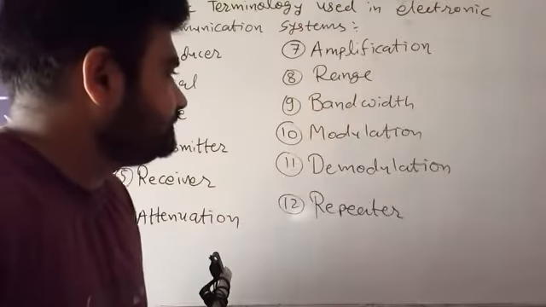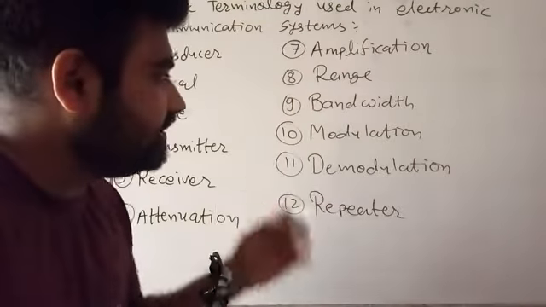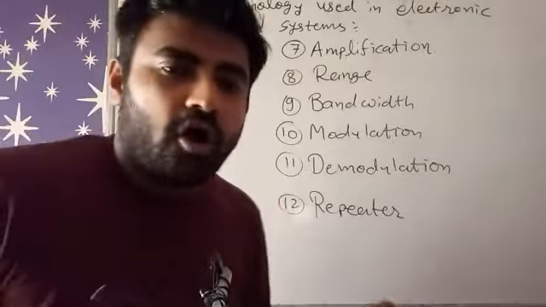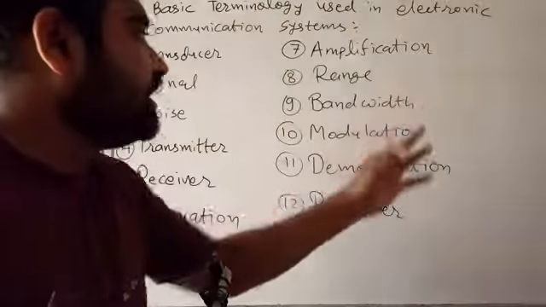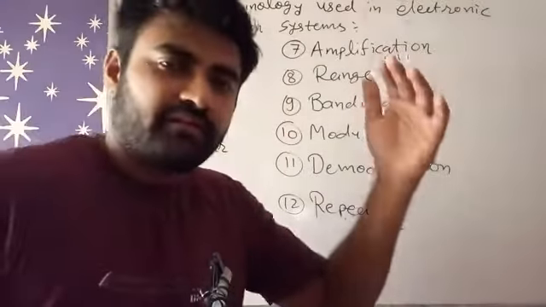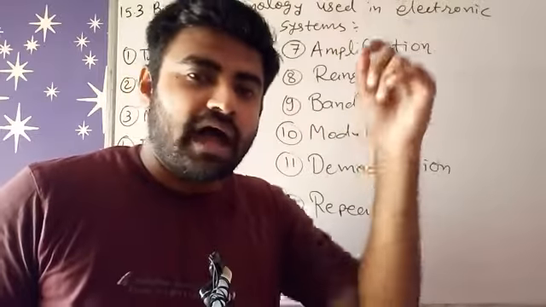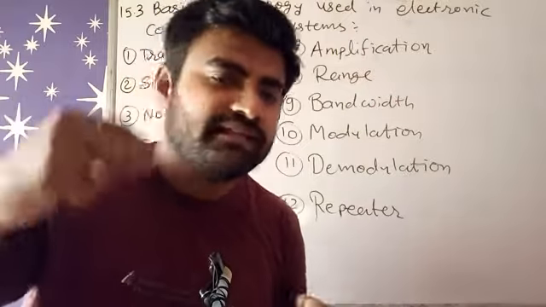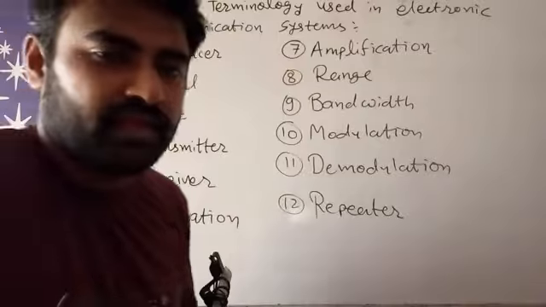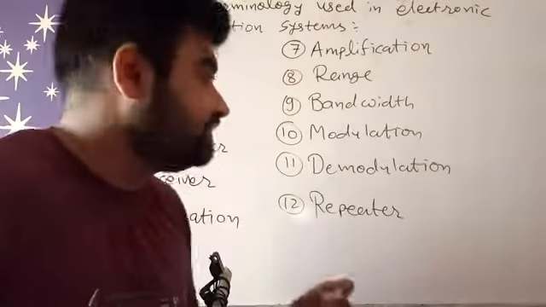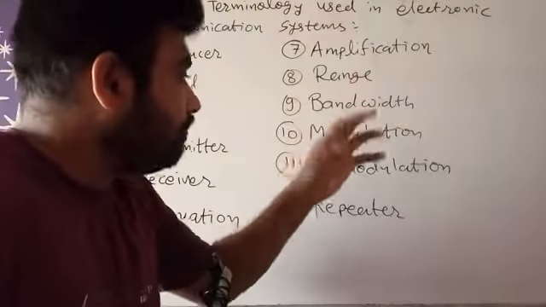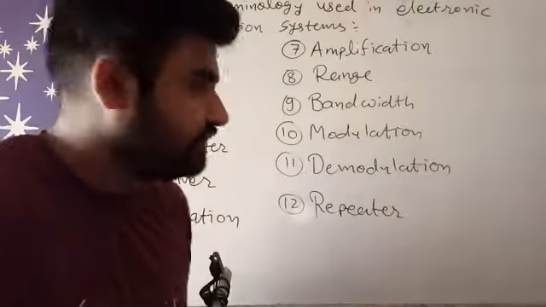Then bandwidth means the frequency range in which this communication system operates, high frequency or low frequency. High minus low frequency, that range is known as bandwidth. So the frequency difference at which we operate the communication system is called bandwidth.